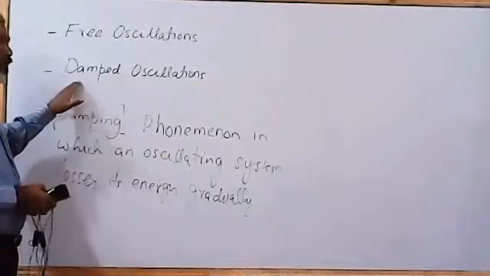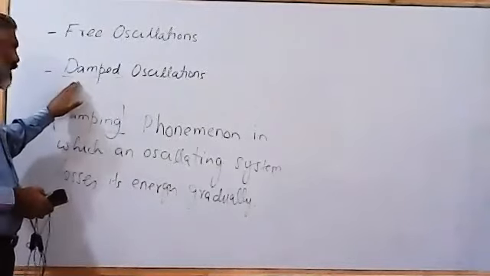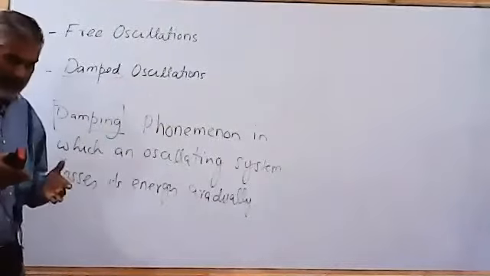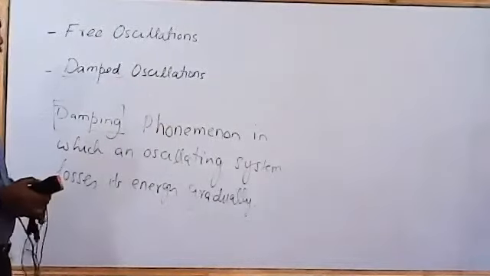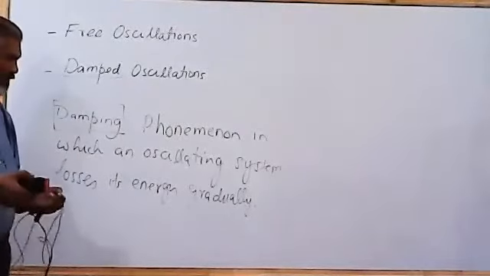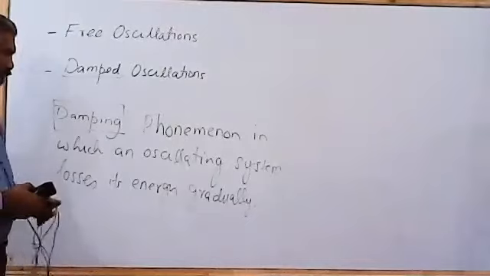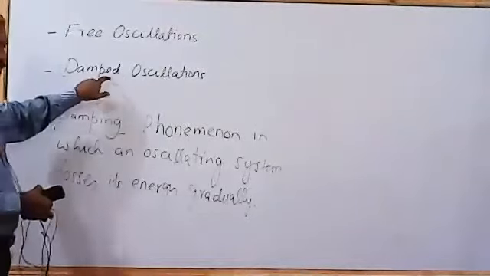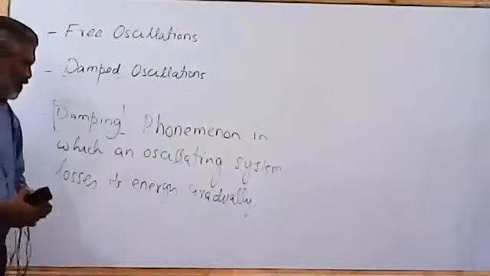So all those systems that undergo oscillations in air will definitely have some air drag present. So light damping is something that we observe in all oscillations. So dissipative forces cause this energy loss.